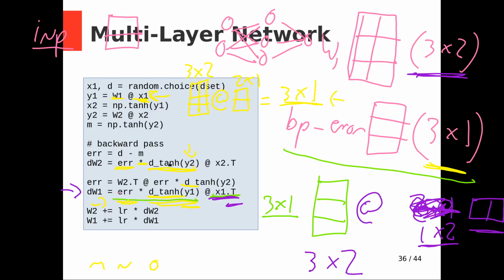So this thing right here, d tanh of Y1, is a 3 by 1 matrix. And this thing over here, the backprop error, is a 3 by 1 matrix. And so yes, we can compute the pointwise product of those.